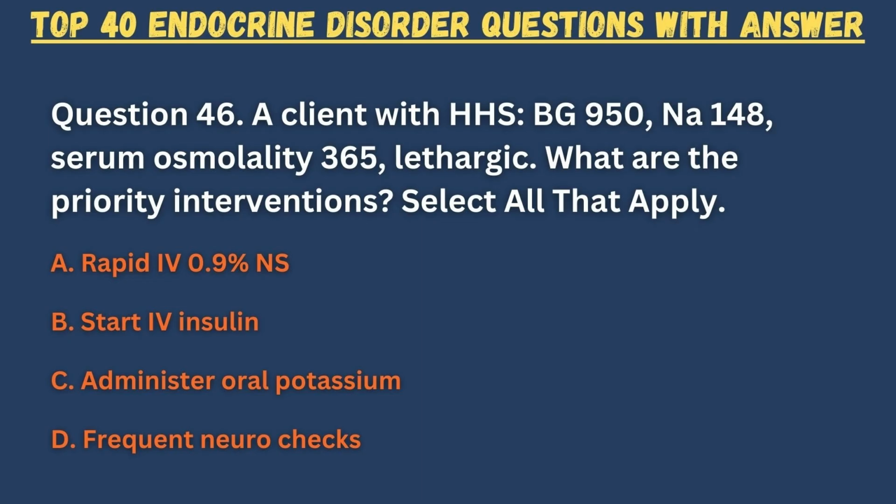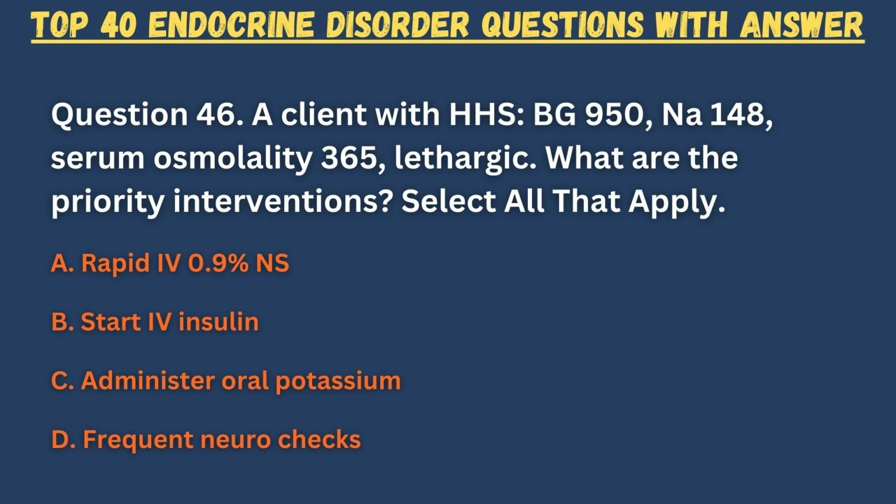Question 46. A client with HHS. BG 950, sodium 148, serum osmolality 365, lethargic. What are the priority interventions? Select all that apply. A. Rapid IV 0.9% NS. B. Start IV insulin. C. Administer oral potassium.